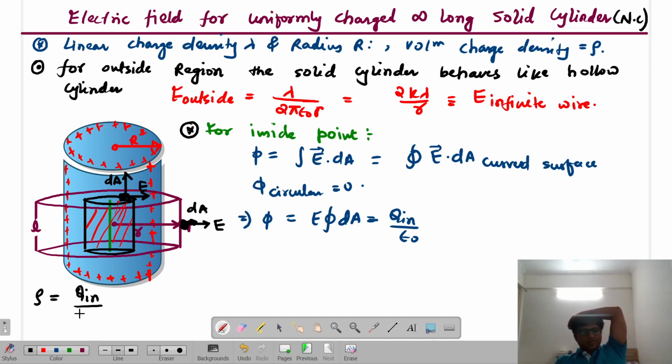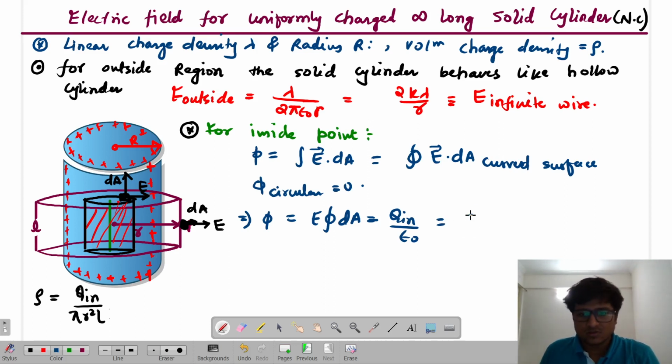Which is how much? Sorry, not 2 pi. Pi r square L. Pi r square h is the volume of a cylinder or not? So charge enclosed is rho into pi r square L by epsilon naught.